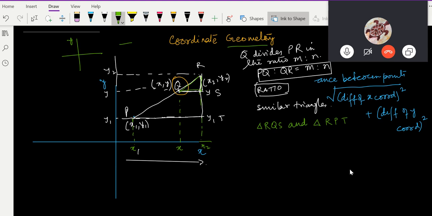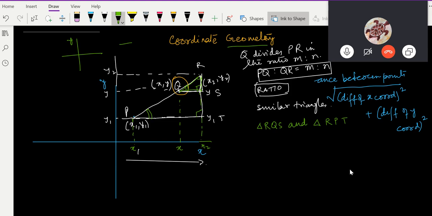That angle RSQ and angle RTP are both 90 degrees, and angle R is the same in both triangles. Correct. Therefore, angles Q and P will also be the same. And these are corresponding angles because PT and QS are parallel lines.